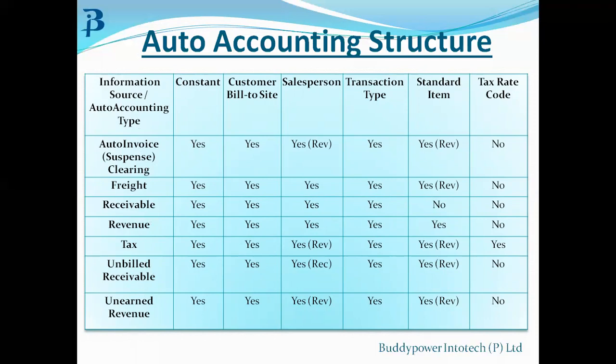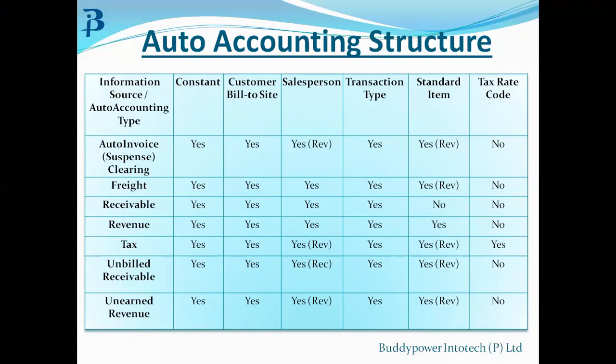Then you have your freight account, which controls the account in your general ledger to which you post your freight amounts. You can use a constant, your customer bill-to site, your salesperson, or your transaction type. Then you have your receivable account, which controls the account in your general ledger to which you post your receivable amounts.